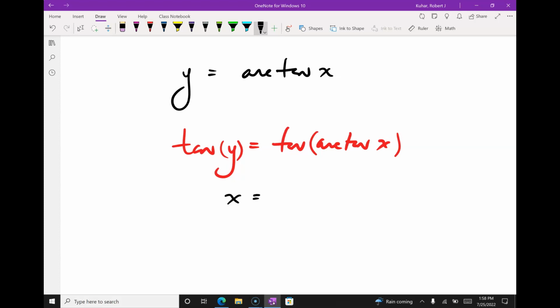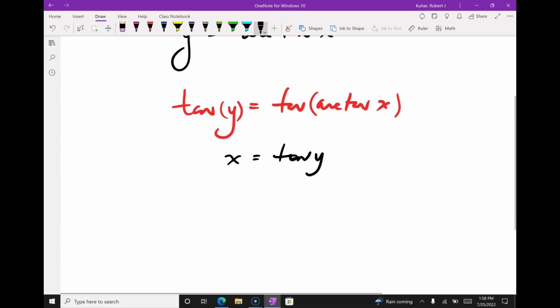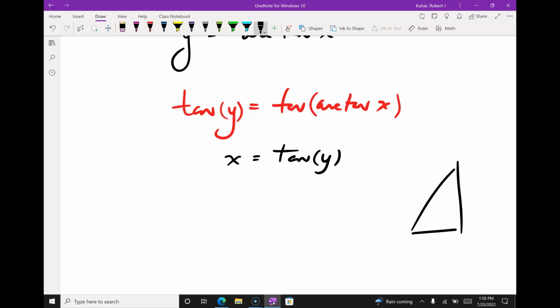They're inverse functions, right? So now I know tangent of y is equal to x, and I can do my derivative, right? Because I know how to take a derivative of tangent of y. By the way, I've got a triangle at this point, right? Angle y, height of x, base of 1, other side is square root of 1 plus x squared.